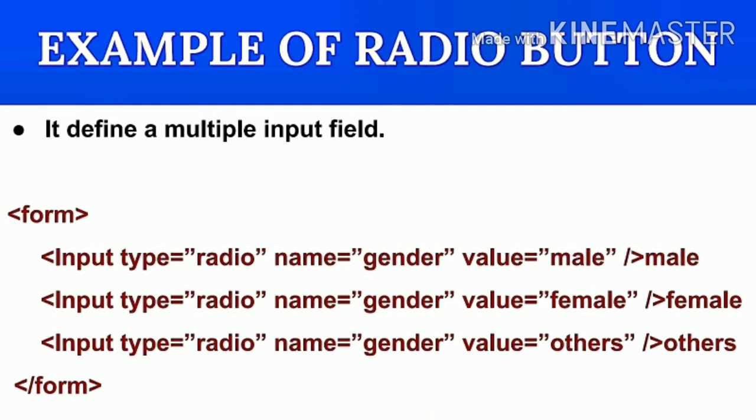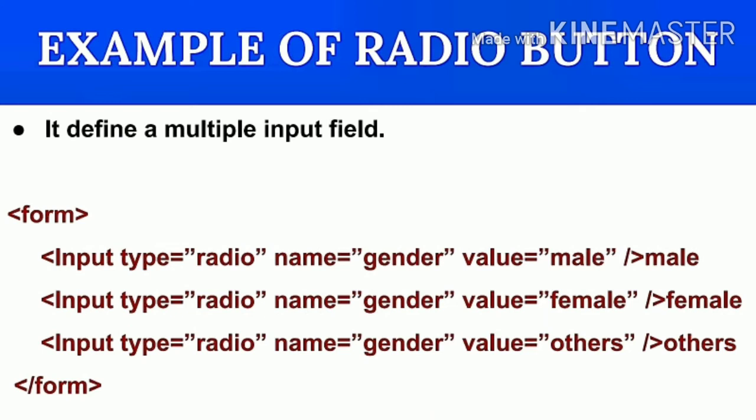For example, I use the form pair tag, and I have three options from which I can choose only one. You can see that I use an input type radio, and the name of the input is gender, and the value is male. Similarly, female and others.